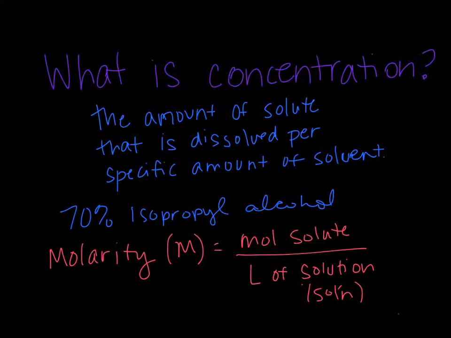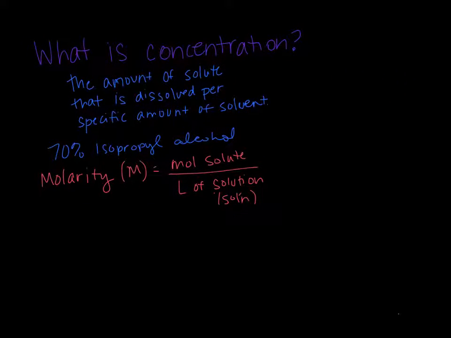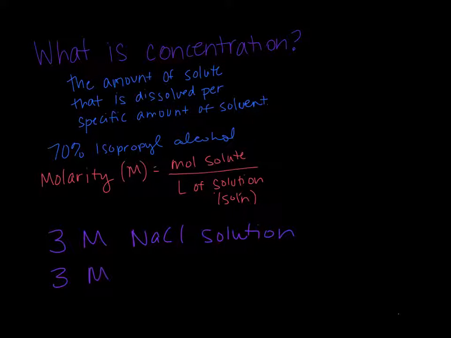Okay, so if you have a 3 molar solution, say we have a 3 capital M salt solution. That means, and we would say this is 3 molar, that represents molarity.